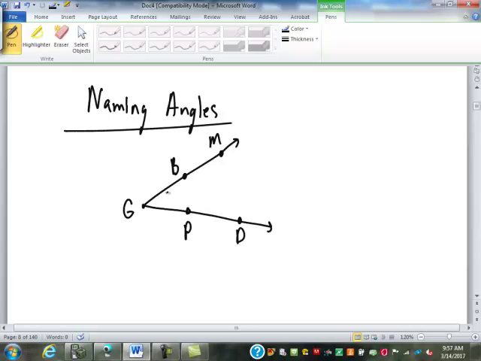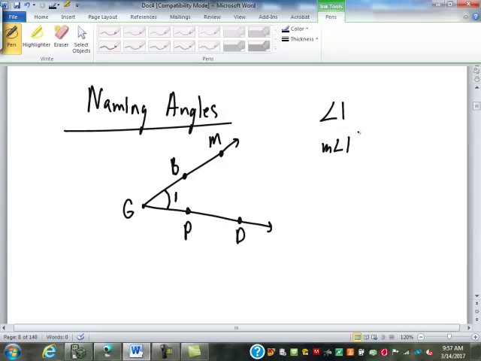One way you can name an angle is with a number. You can call that angle 1. So the notation would just be angle 1, like that. There's a slight difference between angle 1 and that.